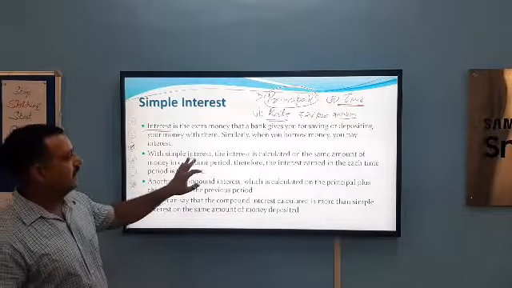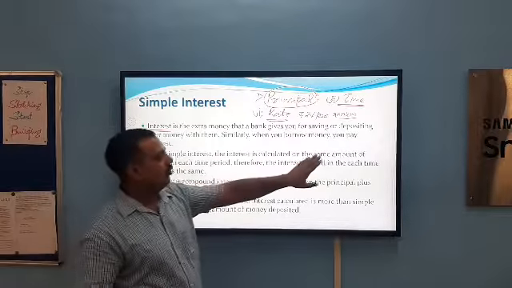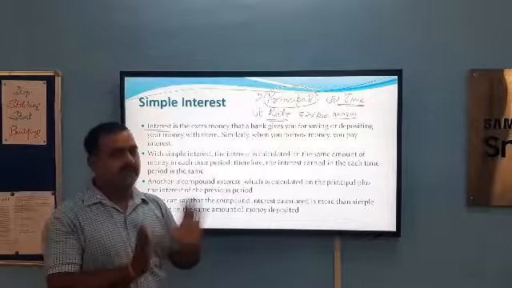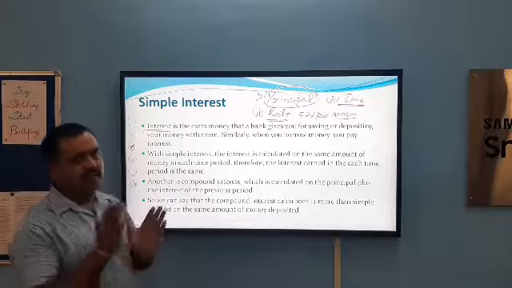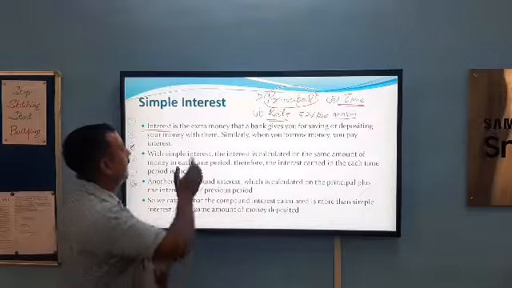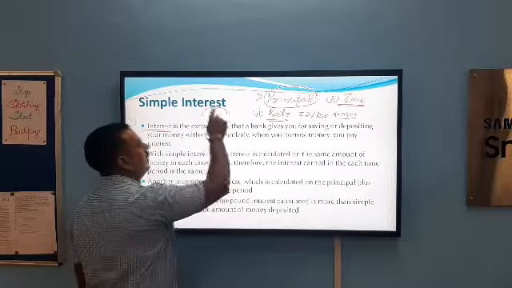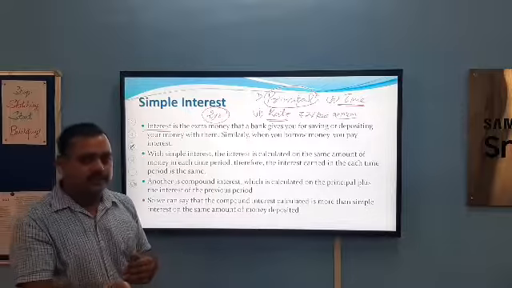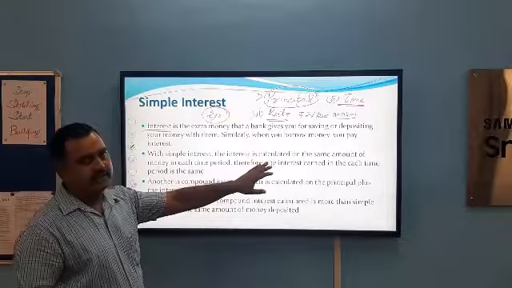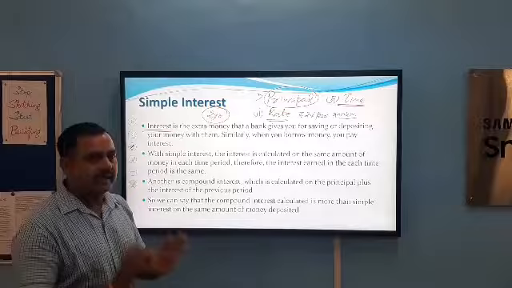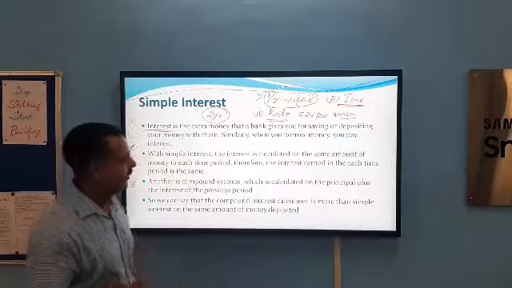So with simple interest, the interest is calculated on the same amount. The principal is the same amount for every span of the time period. For example, we take any amount for 2 years. Then at the end of the first year, the principal is the same. At the end of the second year, again the principal is the same.